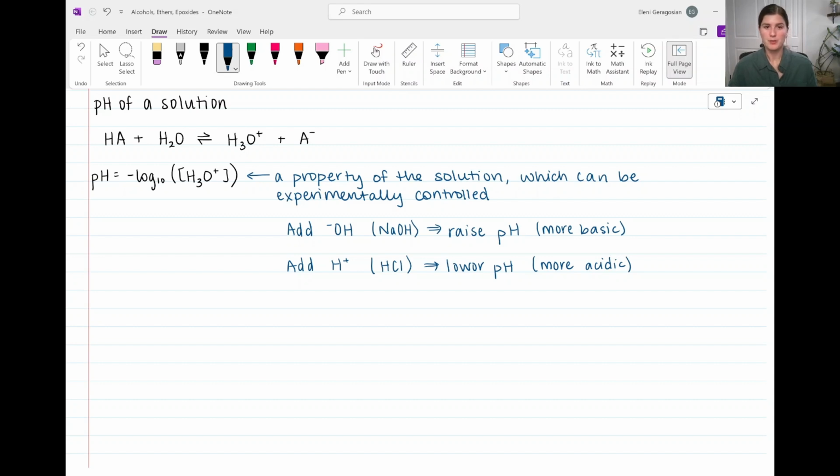Now, if you have a certain pH of a solution, that can impact how an acid will behave in that solution. So there are really three possible scenarios with an acid in solution.